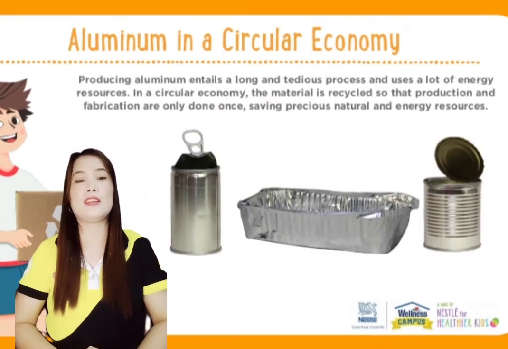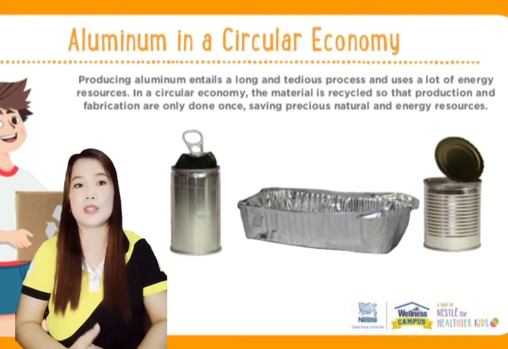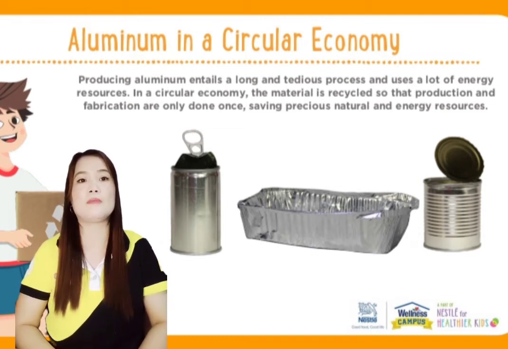Aluminum has a similar life cycle. The raw material is mined and manufactured, making it ready as a product to be purchased and used. This process is quite long and tedious and uses a lot of other resources, such as the energy it takes to run the machines that manufacture the raw material into something we can actually use.